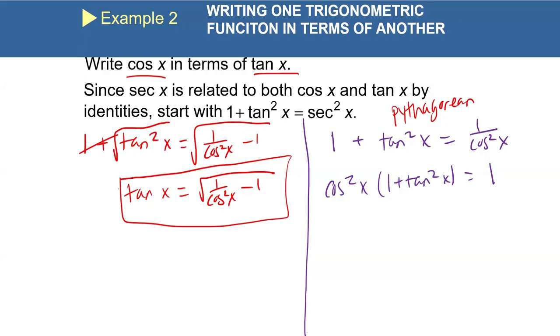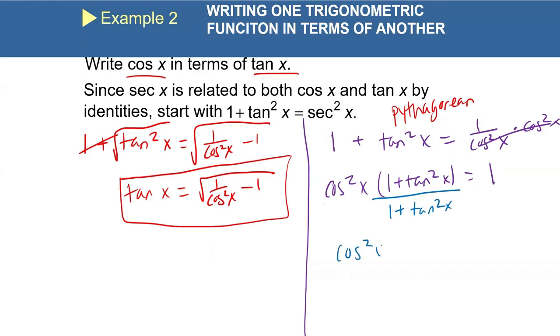Okay, now how do I get cosine by itself? We multiply by cosine squared x. We're going to divide. Good job. So I'm going to divide by this guy, 1 plus tan squared x.